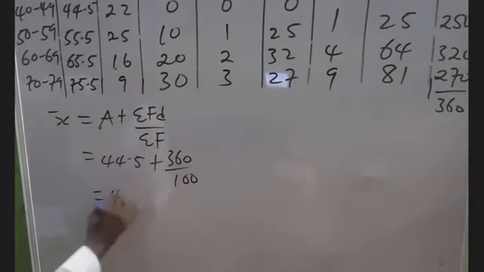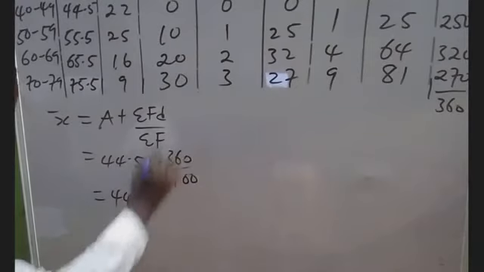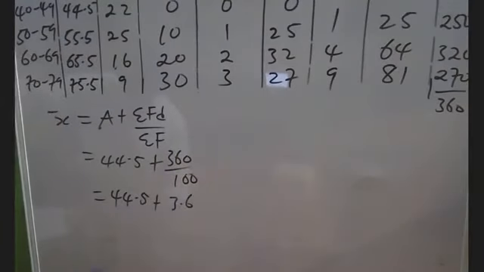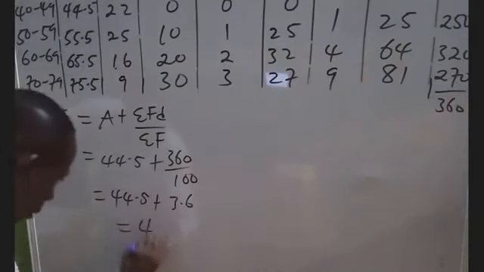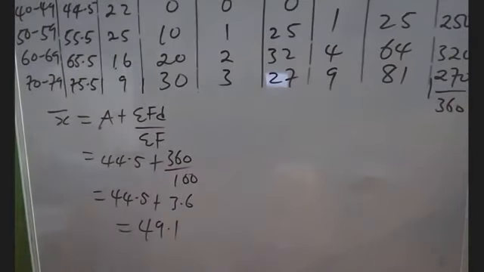And if you solve that, you have 44.5 plus 3.6. So our mean, using the assumed mean method, will be equal to 49.1. That gives us our mean.